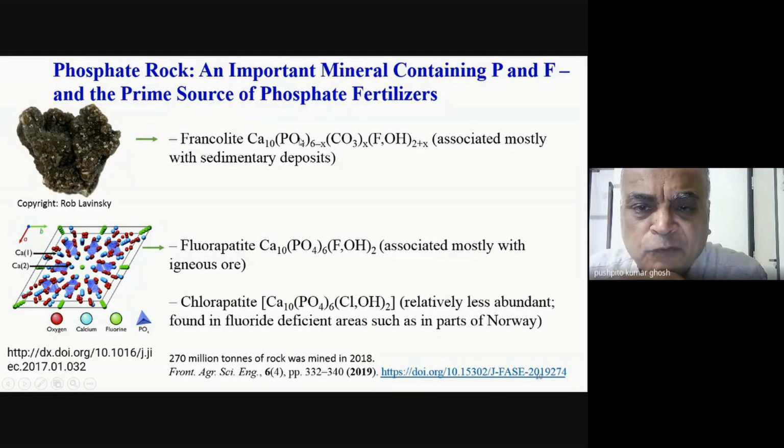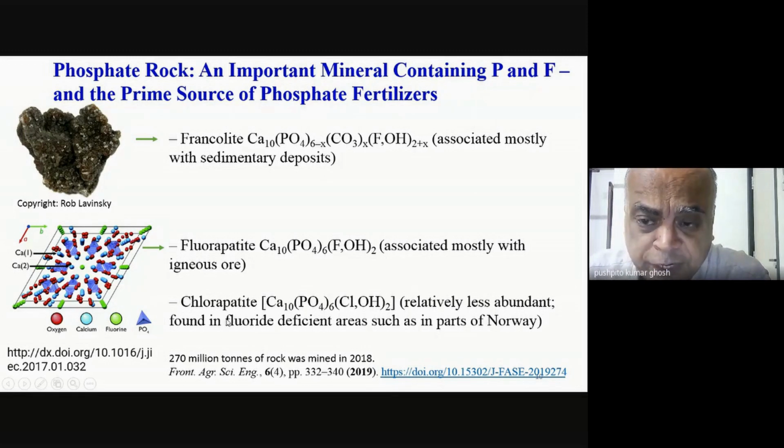Some amount of the phosphate is replaced with carbonate, with fluoride, with hydroxide, and those are the fundamental differences. I'll also show you how problematic this can be. You can view it as an opportunity or you can view it as a threat, and I'll show you what I'm talking about.